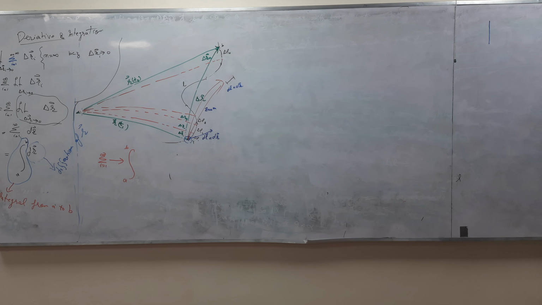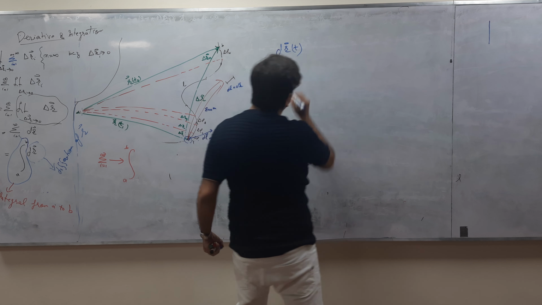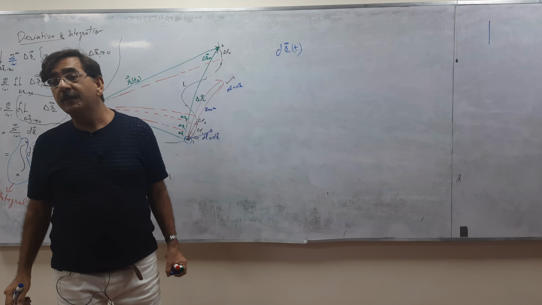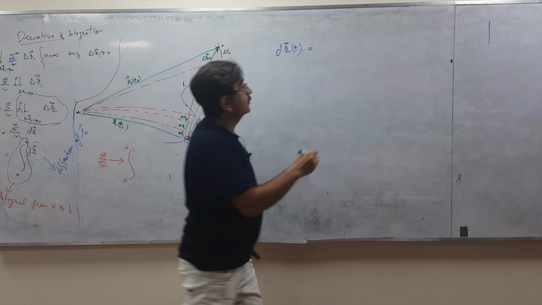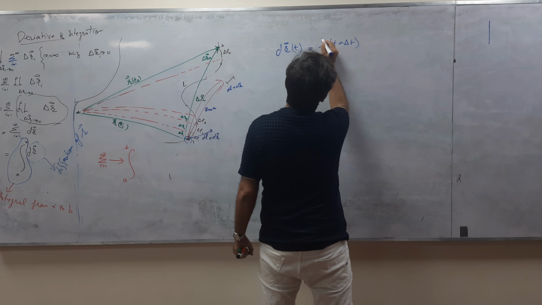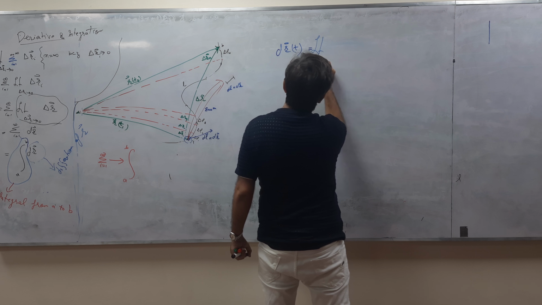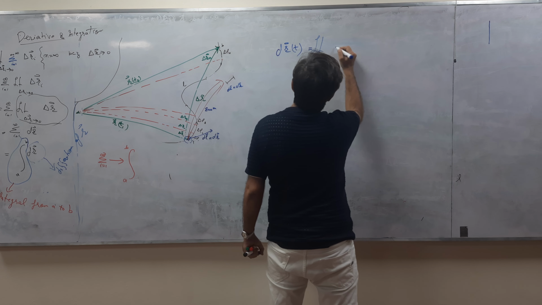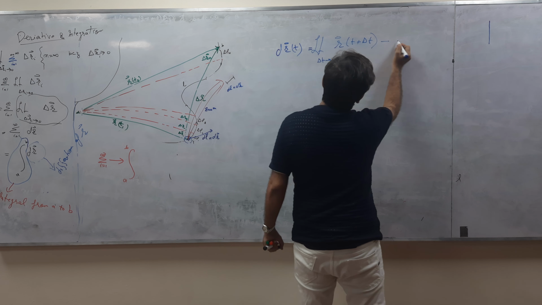So as I have already explained, dr, which is a function of t, will be equal to the limit as delta t approaches 0 of r(t plus delta t) minus r(t).